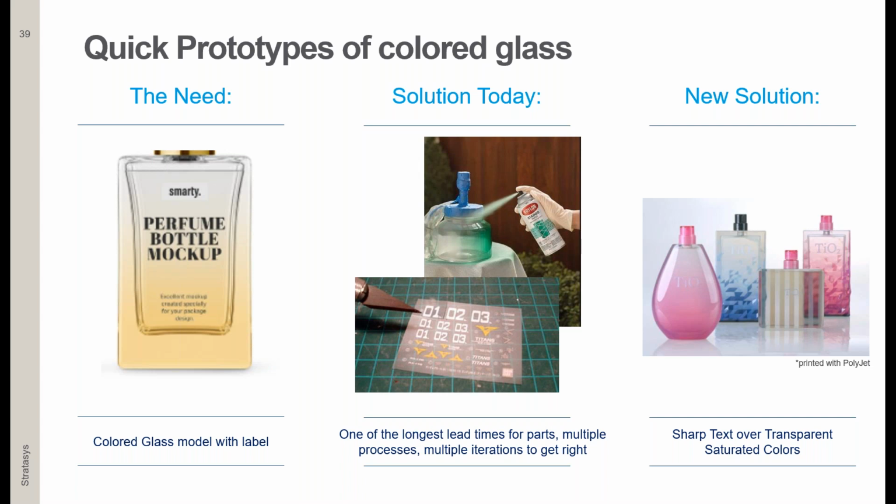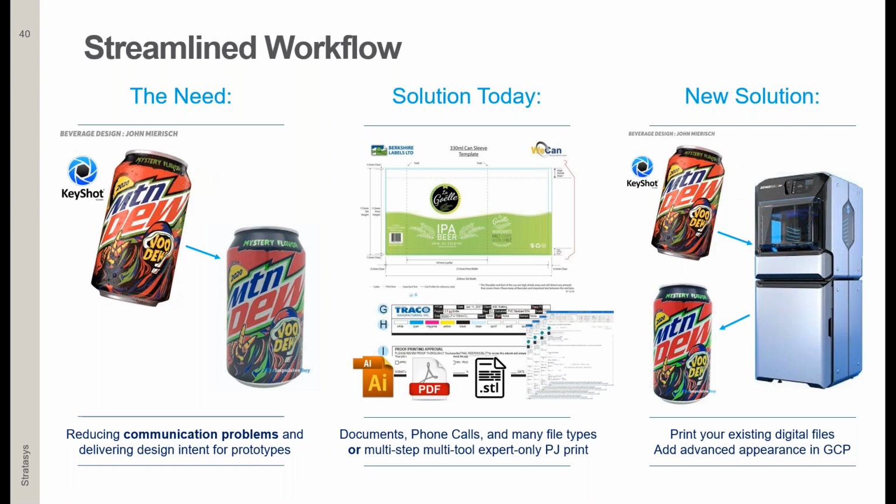You'll be able to achieve all of them with gradients of color, and more importantly, transparencies, opaque, rubber-like, all these combinations in the new solution. So what you need in today's solution, you'll be able to achieve it. That is what the new solution of J series is all about.